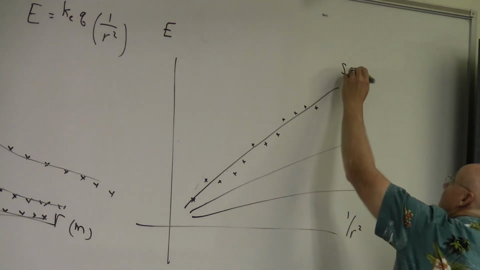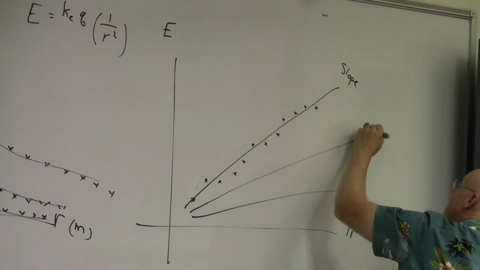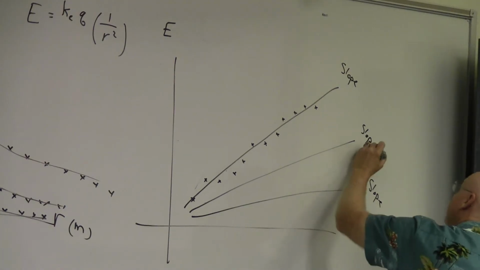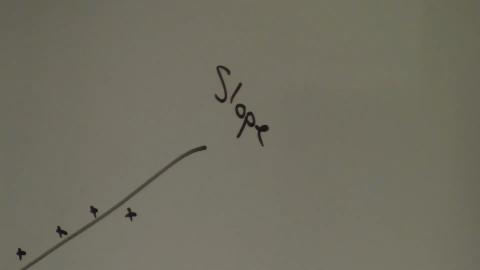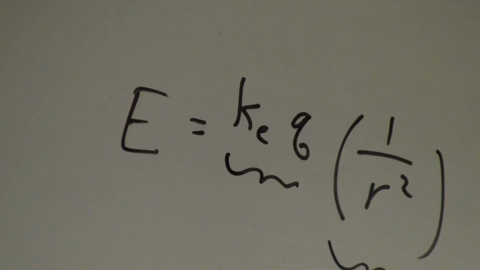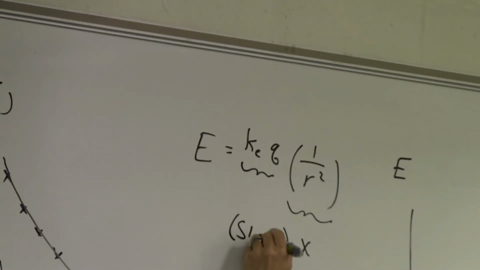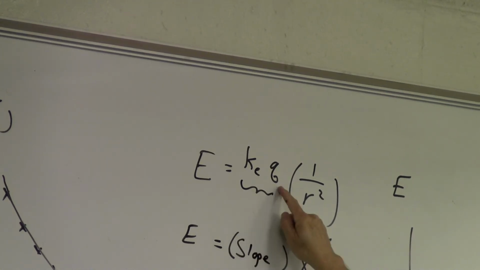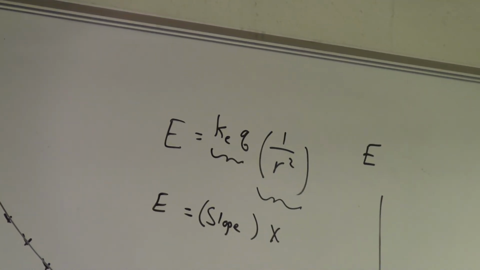And if you look at the slope, coming back over here, the slope would be this number. So in other words, we're plotting this on the x-axis, and so this number here would be the slope. And notice that number is related to how much charge.